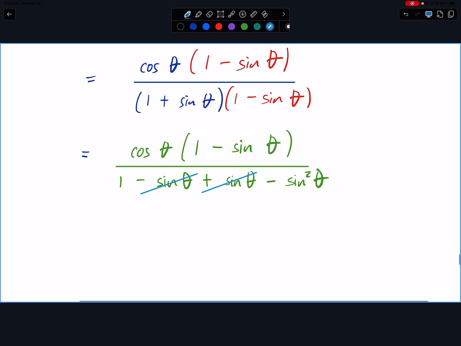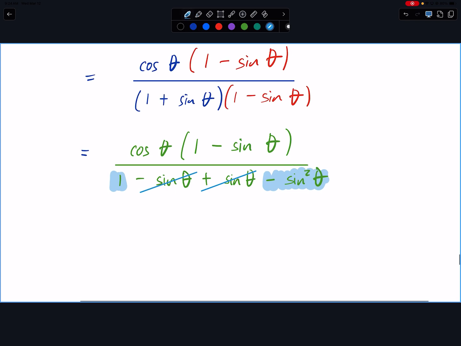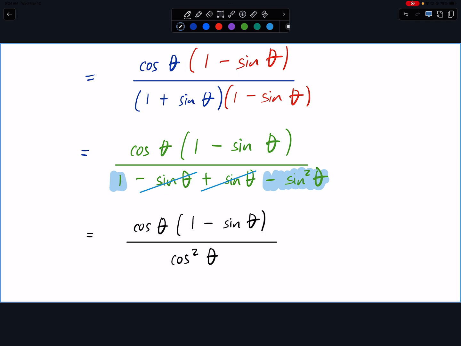And then what I want you guys to notice is, do you guys see how on the bottom I'm left with this minus that? What is that the same as? Cosine squared. Wow. So this becomes cosine theta times 1 minus sine theta over cosine squared theta.